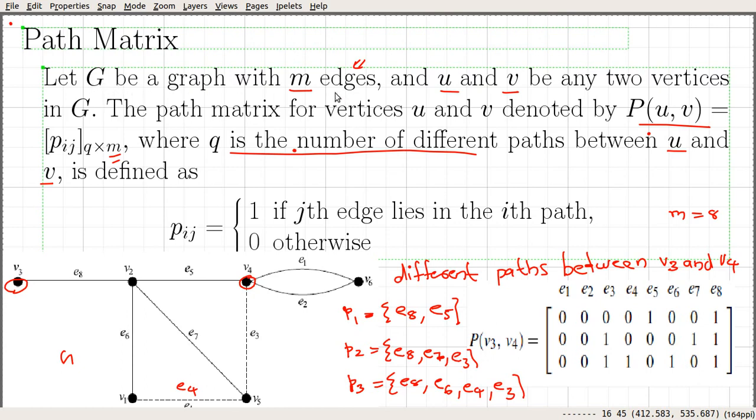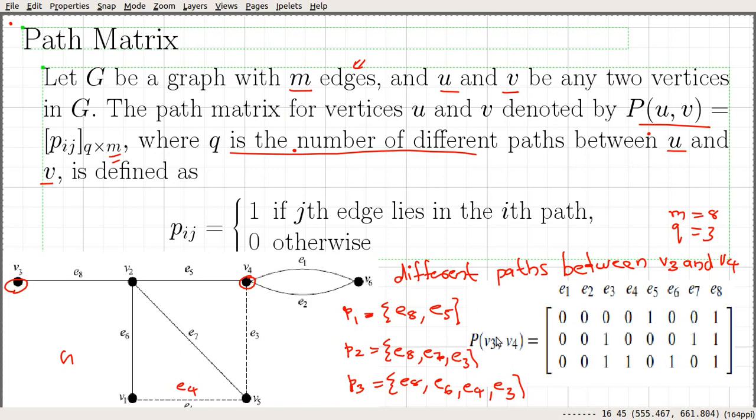Let G be a graph with m edges and u, v be any two vertices in G. Here our u is v3 and v is v4, so the path matrix P of v3 v4 is going to be a Q by M matrix, where Q is the number of different paths between v3 and v4.